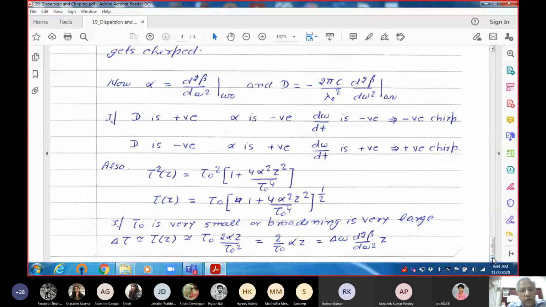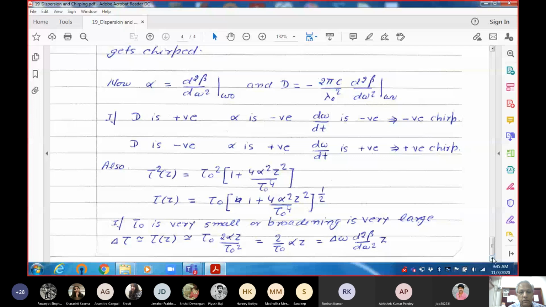But now let me tell you what is the basic difference between this formulation and the earlier formulation which we discussed, where we had started with the impulse, that input pulse which is almost zero. If that formulation is correct, this formulation should also lead me to the same result if I assume that my input pulse is an extremely narrow pulse width.